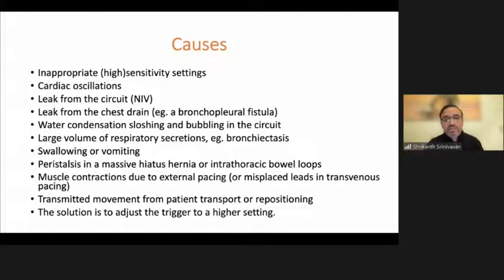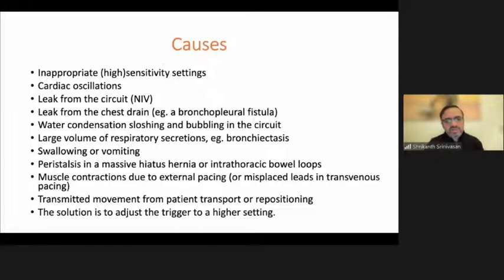Muscle contractions due to external pacing. Transmitted movement from patient transport or repositioning, or, obviously, inappropriately high sensitivity levels, because you have set the sensitivity at, say, just 0.8 liter per minute flow sensitivity, or a trigger of -1, which is too low, and every external force is actually triggering the ventilation.